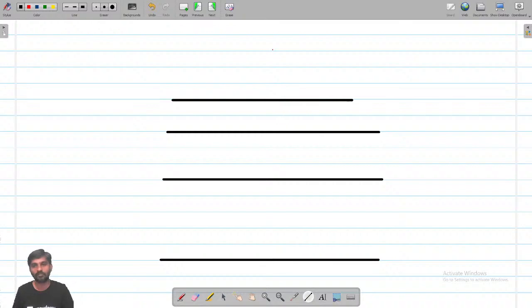n is equal to 1, n is equal to 2, n is equal to 3, n is equal to 4, n is equal to 5. And at some place n is equal to infinity.